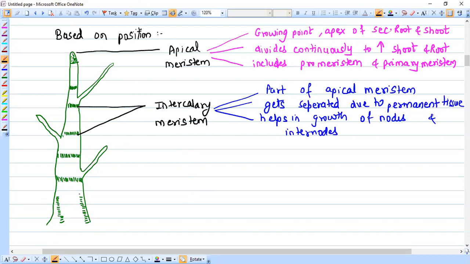The third type of meristem is the lateral meristem. The lateral meristem, as the name suggests, is responsible for the lateral growth of the plant.